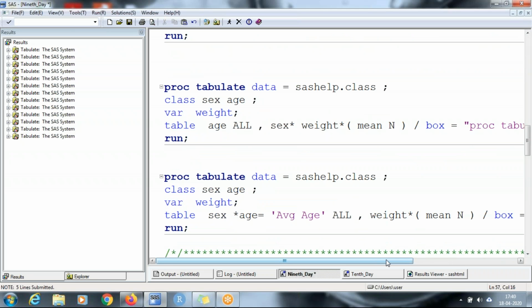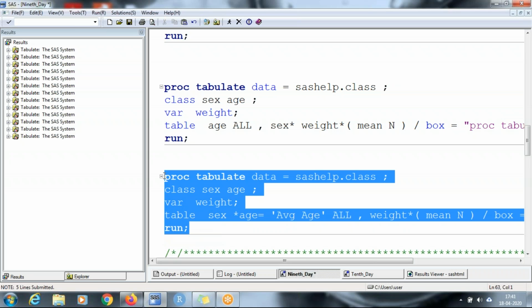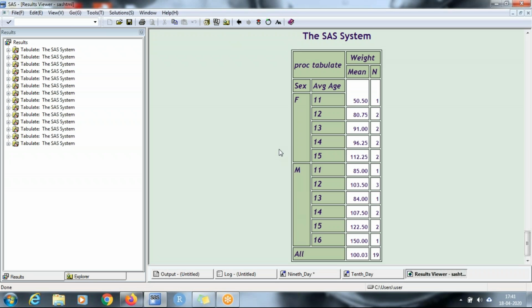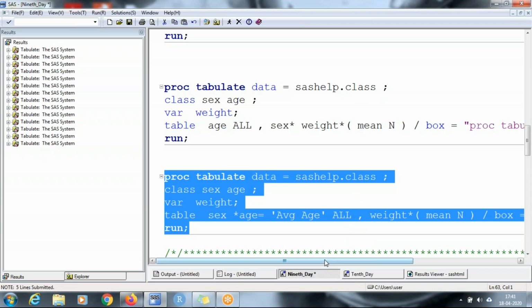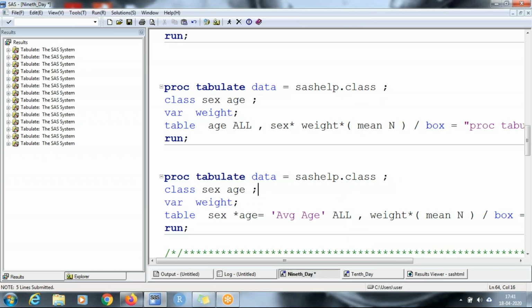Now I am doing a cross tabulation on this side, which is on the column side. So this is the output.